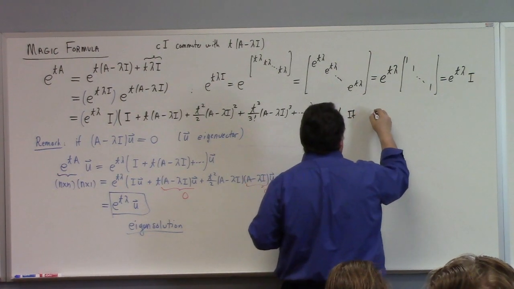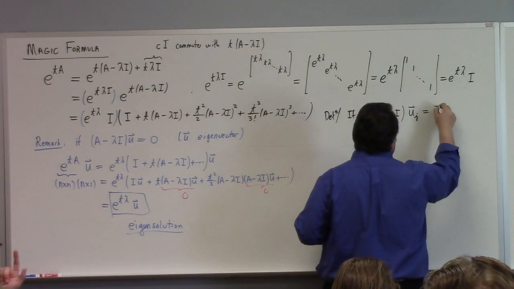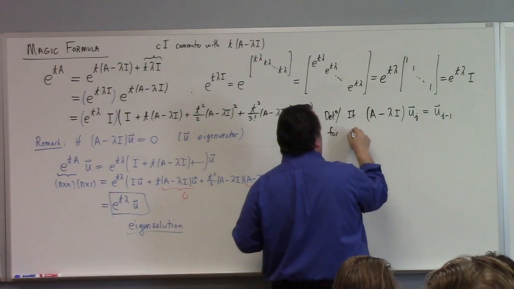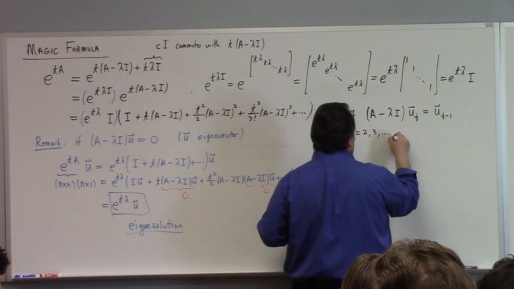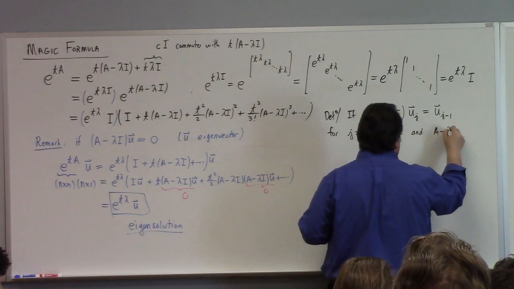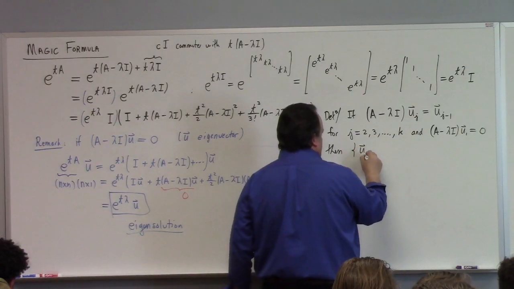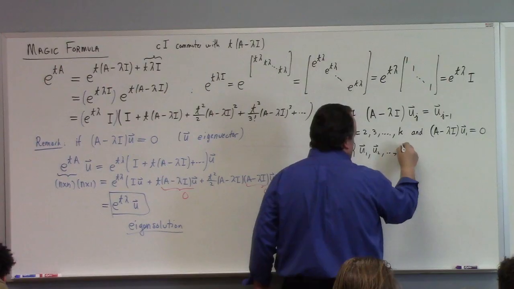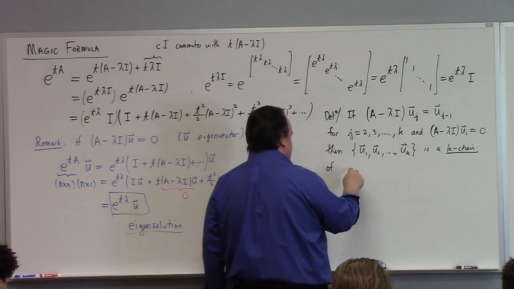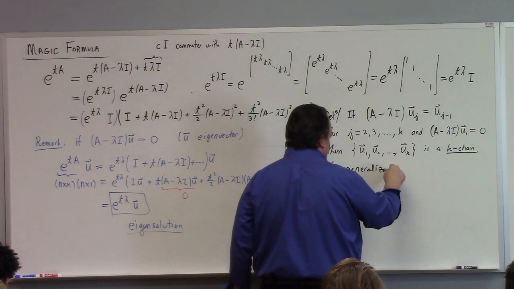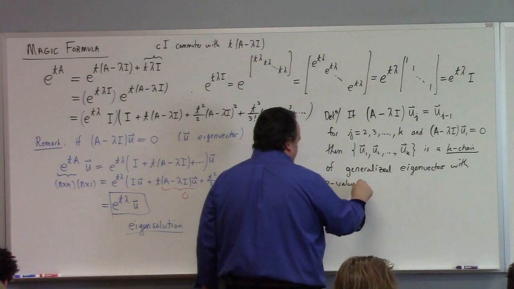If we have A minus lambda I times, let's say, u sub j is equal to u sub j minus 1 for j equals, let us say, 2, 3, all the way up to k, and we also know that A minus lambda I u1 is equal to 0, then this set here, u1, u2, dot, dot, dot, uk is a k-chain of generalized eigenvectors with eigenvalue lambda.